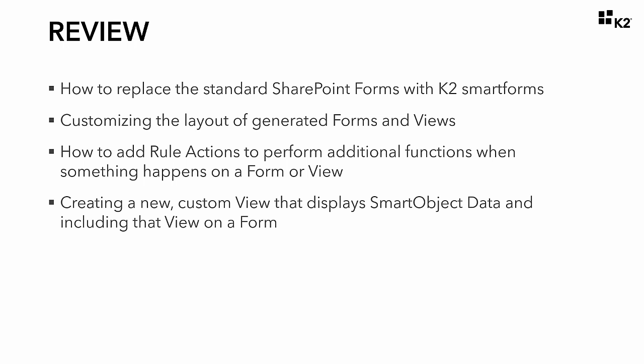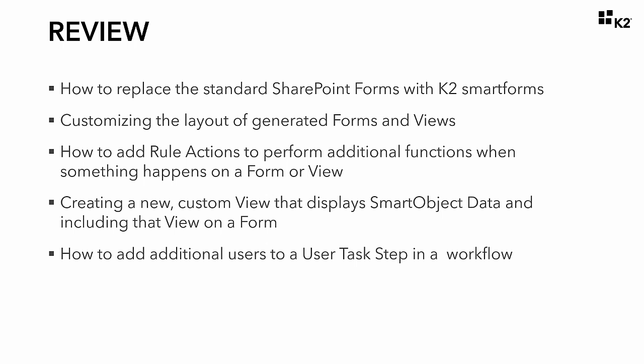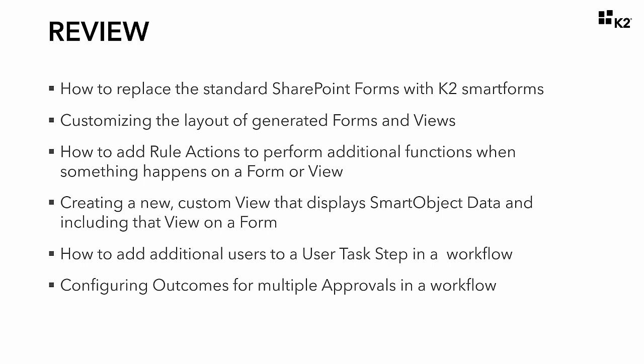We learned about using views from other data sources by creating a new, custom view that displays smart object data and included that view on a form. By putting Bob as an additional user on the Respond to Greeting task, we learned how to add additional users to a user task step in a workflow, as well as configure the outcomes for that user task to essentially wait for multiple approvals in a workflow with the Say Hello path setting.